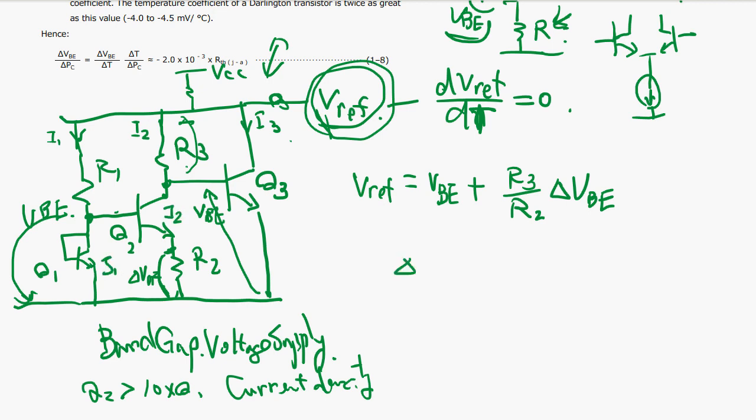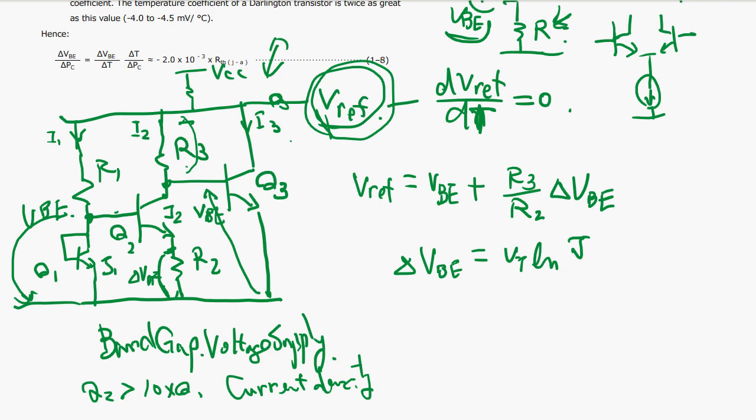So delta VBE is actually, let's see, VT times the log of J1 over J2.